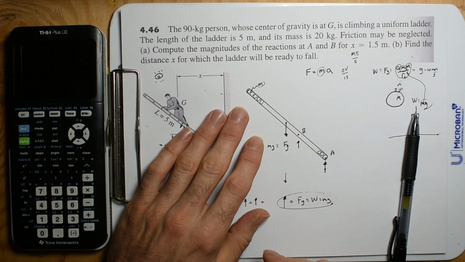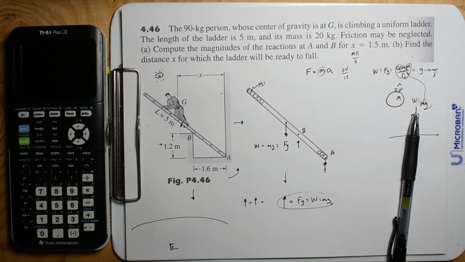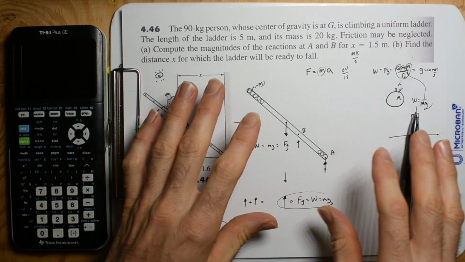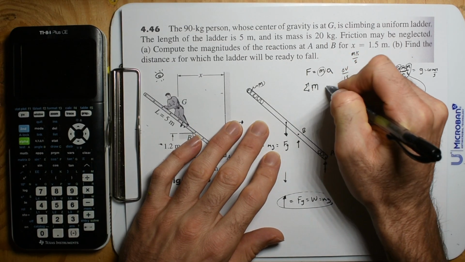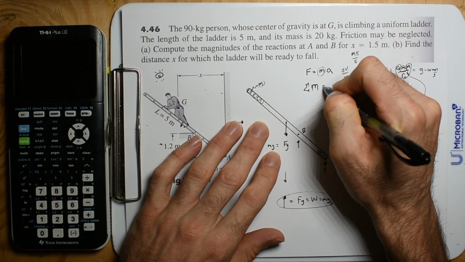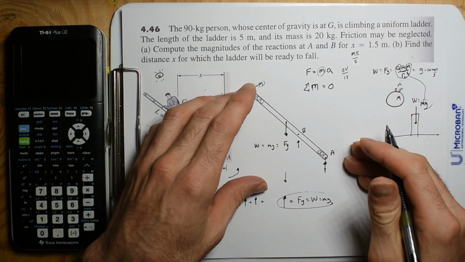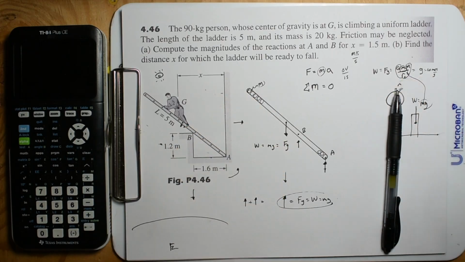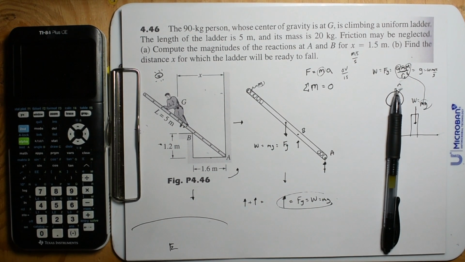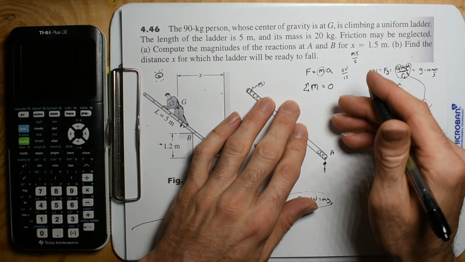Then that brings up the next idea in statics that's very basic: the sum of the moments has to equal 0. If something is stationary, the sum of the moments has to equal 0. This is a learning experience for me, because it's like, well, what's a moment?